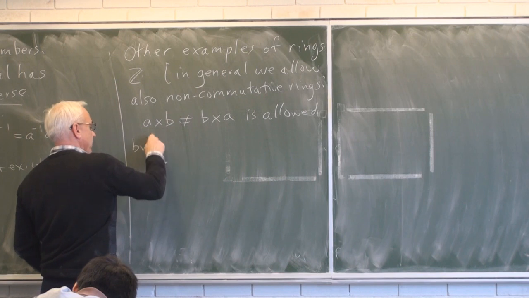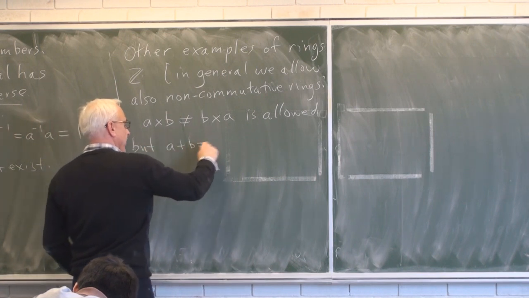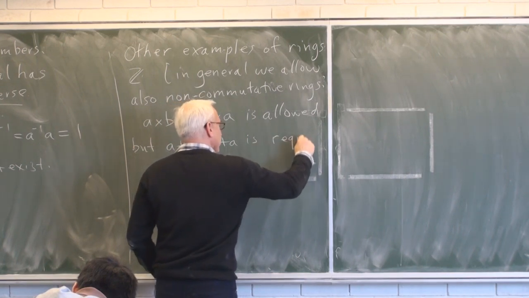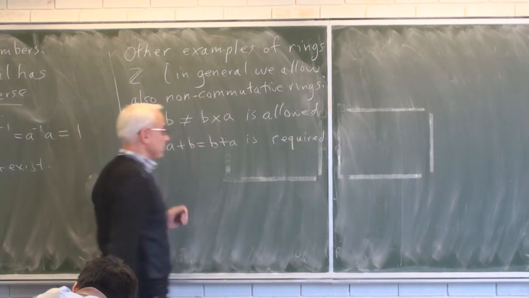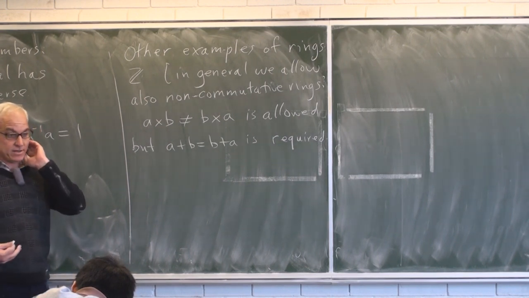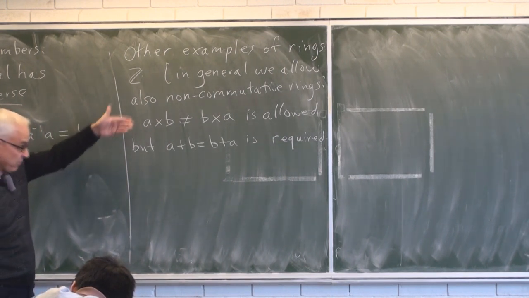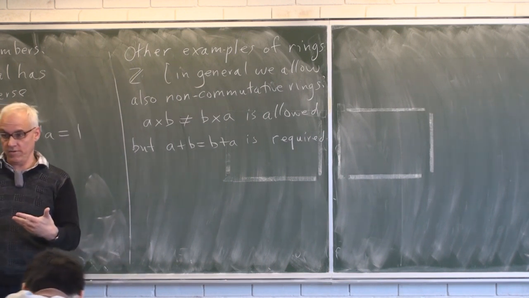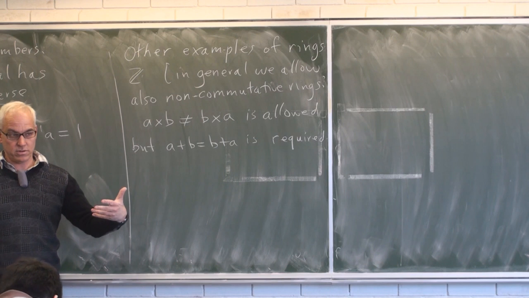But as far as addition goes, this is required. So I'm going to give two very important examples of rings. One which is commutative, like the integers. One which is not commutative and goes beyond that framework.